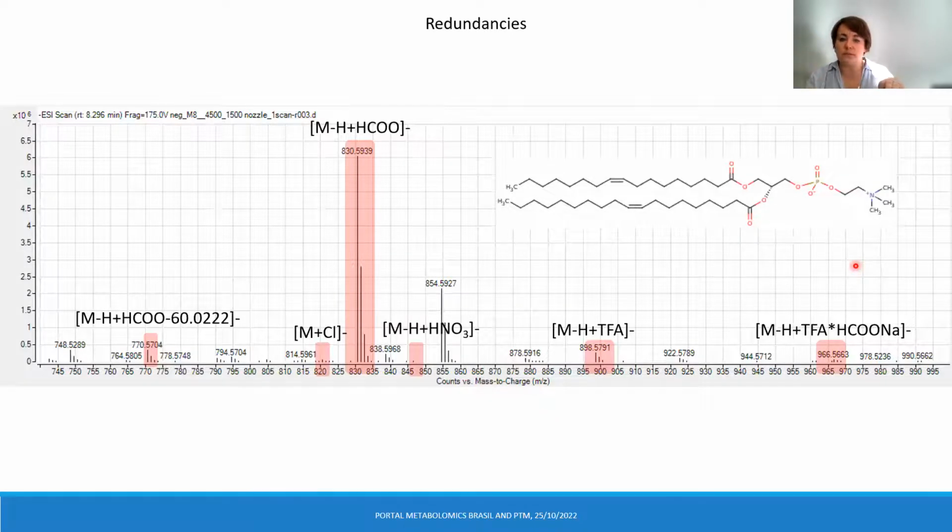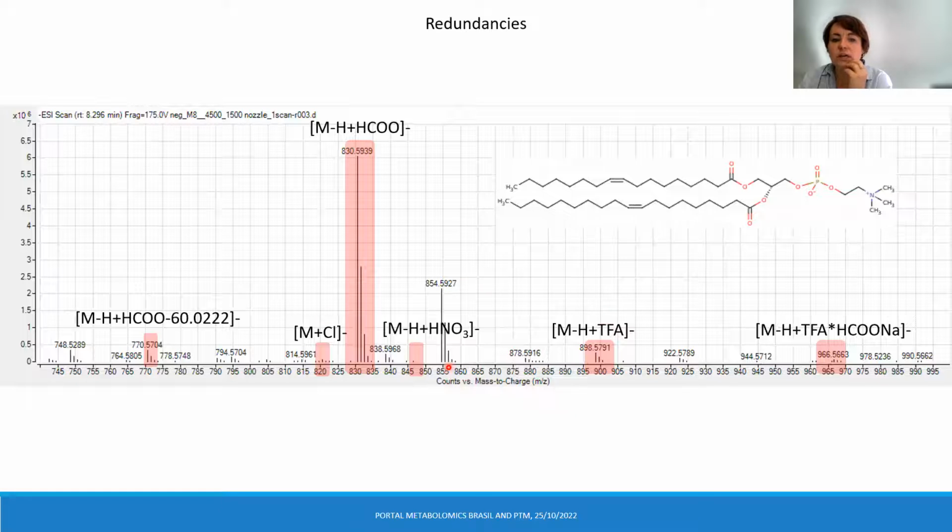This is the MS1 scan level, and all marked ions, some of them really highly abundant, dominating the spectrum, correspond to a single molecule. And I can tell you that some champion molecules were forming even up to 18 different ions, pooling together positive and negative ion mode.